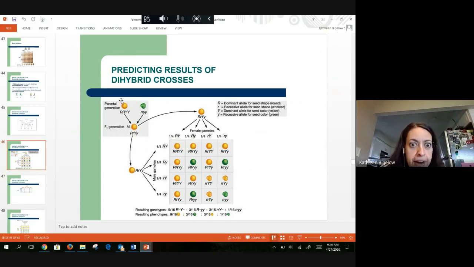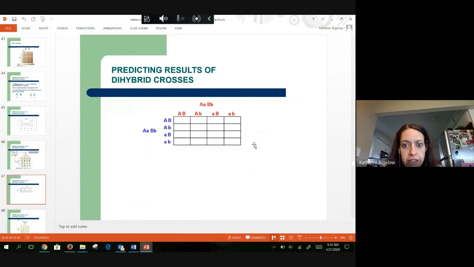So these are your parents. Homozygous dominant for both, homozygous recessive for both. Let's say this was all blank. The first thing you would need to do is figure out your alleles.